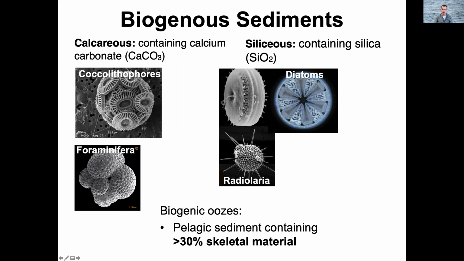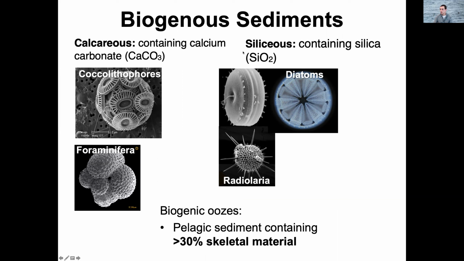The two primary types of these are coccolithophores. They make these little plates, and foraminifera, which sort of look like little popcorn kernels. These are both very important, especially to our long-term dating of sediments, because they retain a signature of surface isotopes. And we'll talk about that a bit later.